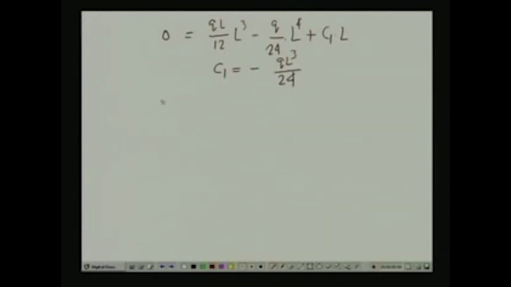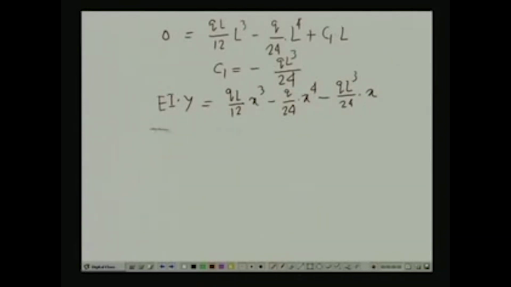So, the equation of the deflection curve E I y equals q L by 12 times x cube minus q by 24 times x to the power 4 minus q L cube by 24 times x.